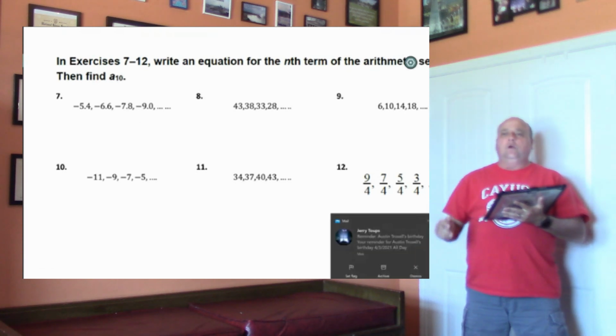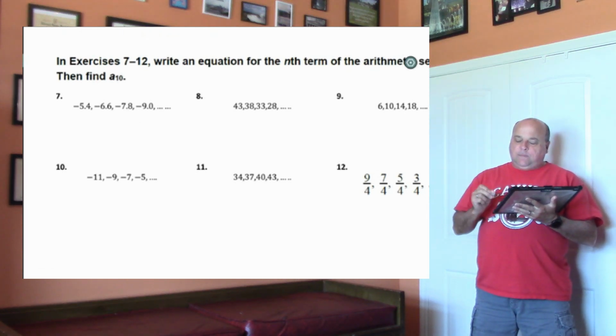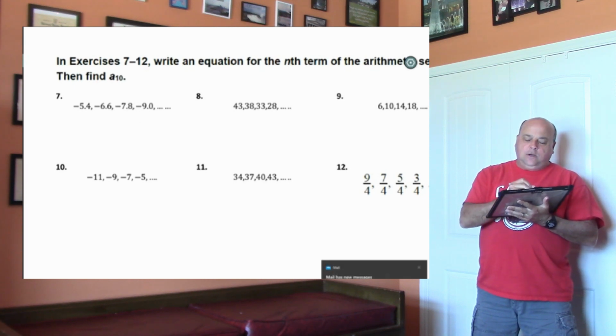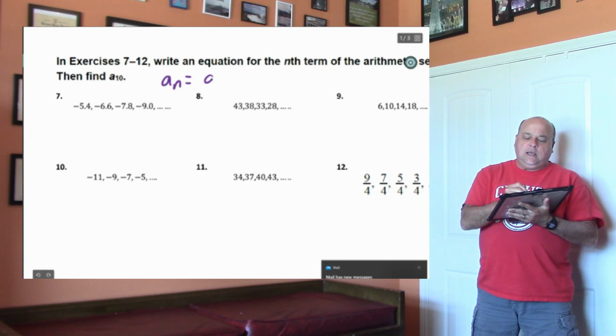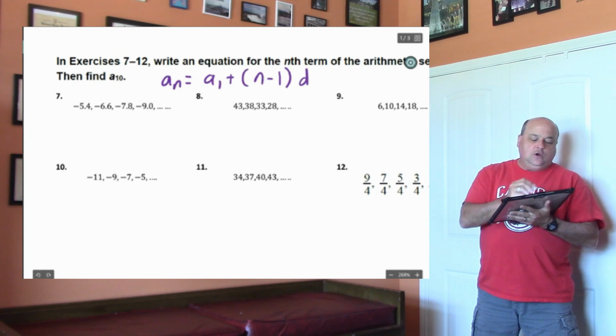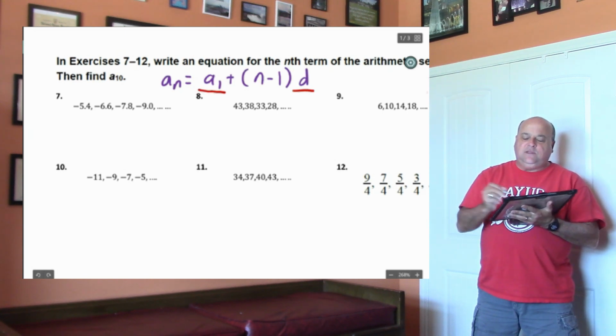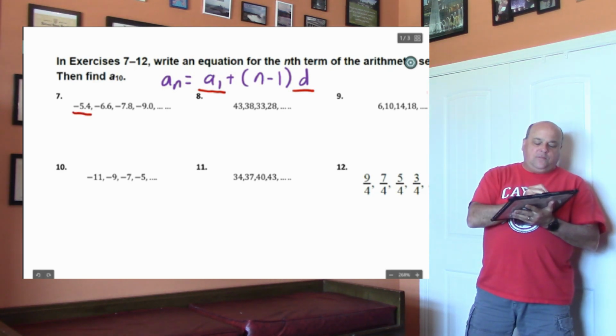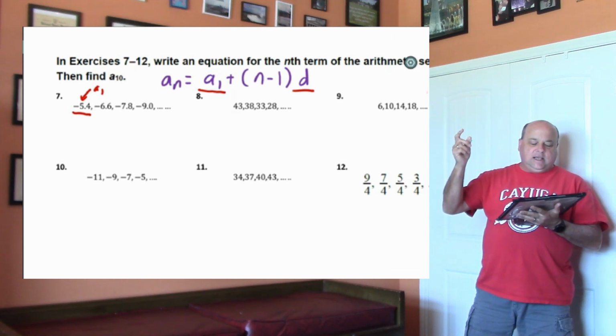On this one here, we're going to write down the formula. So remember, on your formula, you're going to write down a_n equals a_1 plus n minus 1 and the common difference. You're going to fill in this blank and this blank. That's all you have to do. On this one right here, this is my first term, that's my a_1. Now I got to get my common difference.